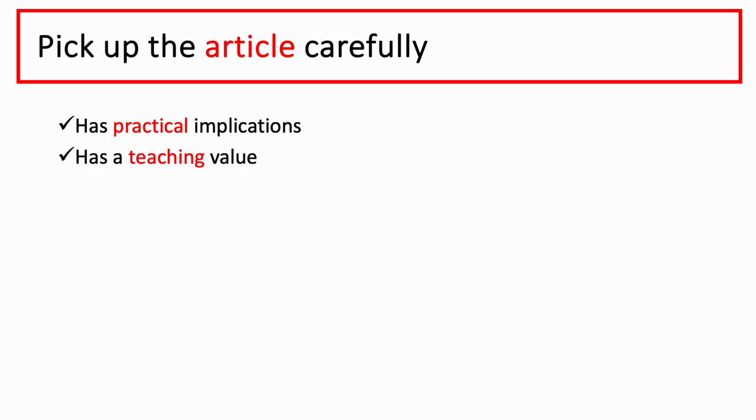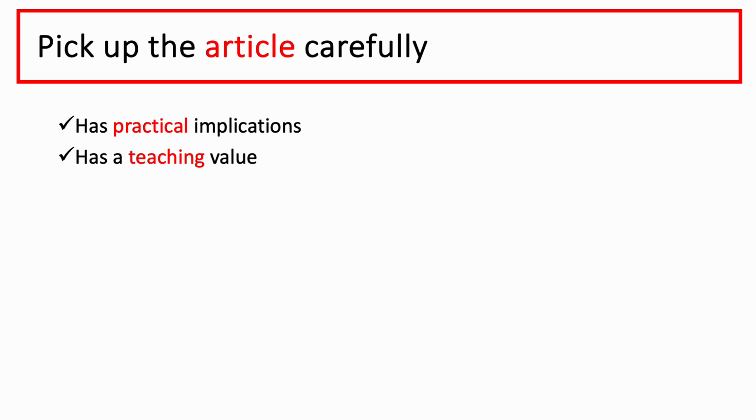So, of course, the first and one of the most important steps is to carefully pick a nice article that you want to present, right? Make sure that the article has some practical implications. It would be nice if you can present something that you think might change the practice or is actually affecting the current practice, whether inpatient or outpatient.